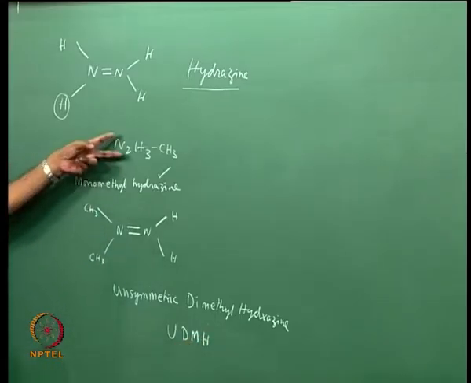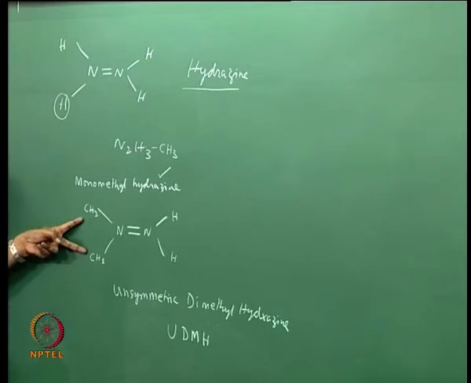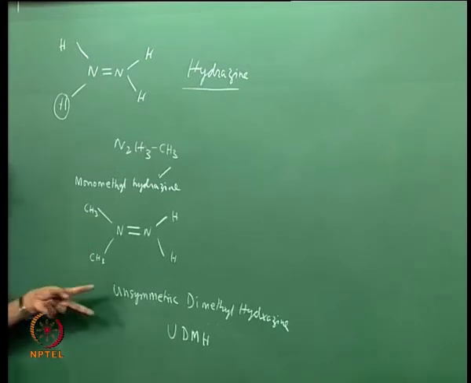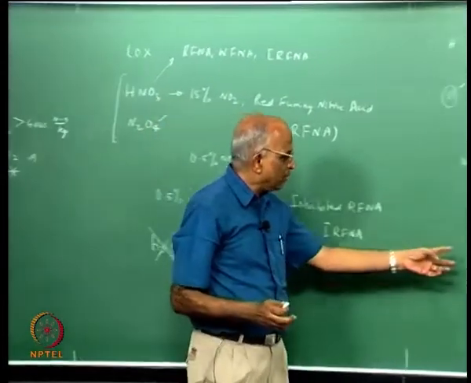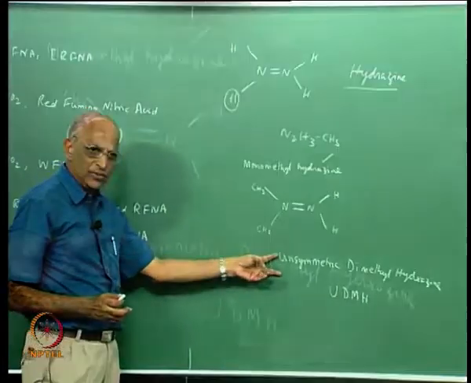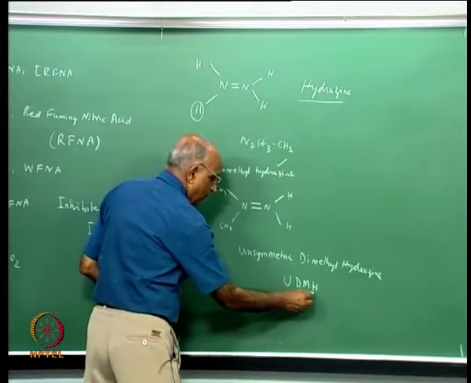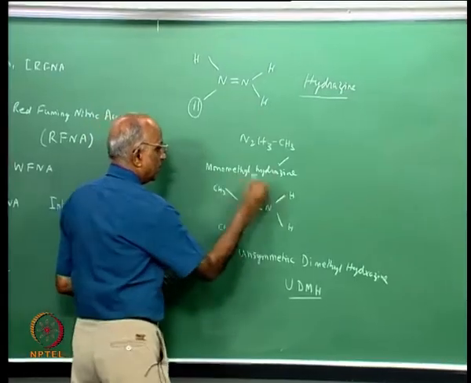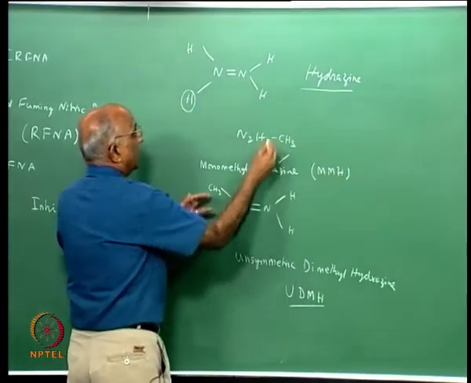It is not as strong as this because now you are adding a little more molecules to it, but it is a very powerful fuel. Most of the boosters we are using in our country make use of unsymmetrical dimethyl hydrazine. Therefore, the fuels which we have considered so far are UDMH, monomethyl hydrazine MMH, and hydrazine.